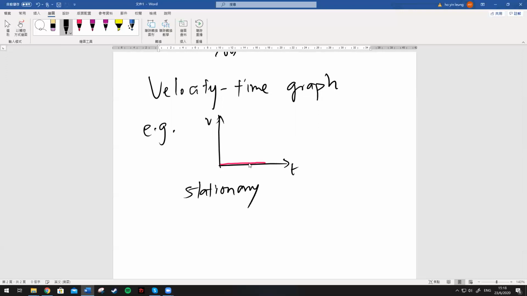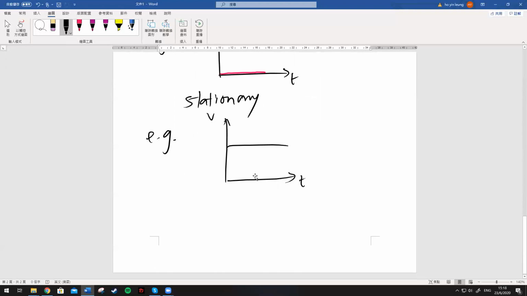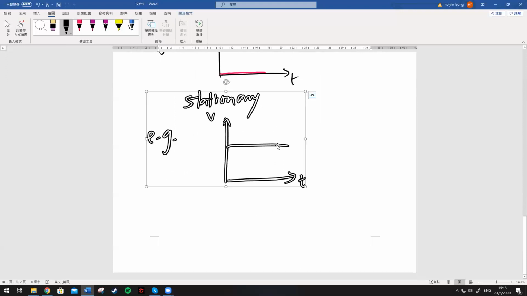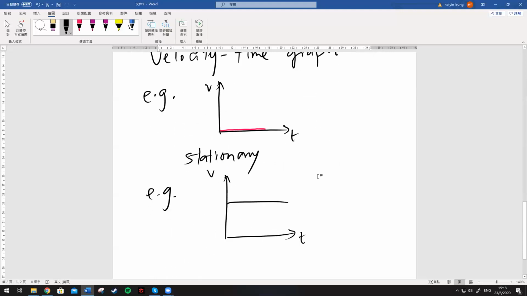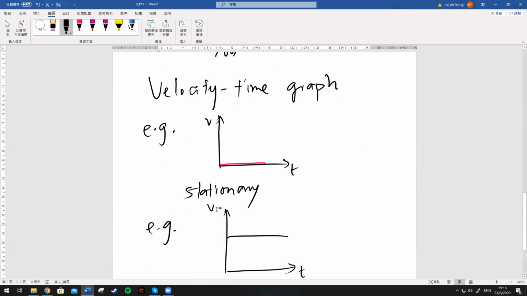Okay. Or how about when the velocity time graph is like this? What does it mean? Also stationary. Almost stationary. You sure? No, not really, not stationary this time. Because this is velocity, it's not displacement.